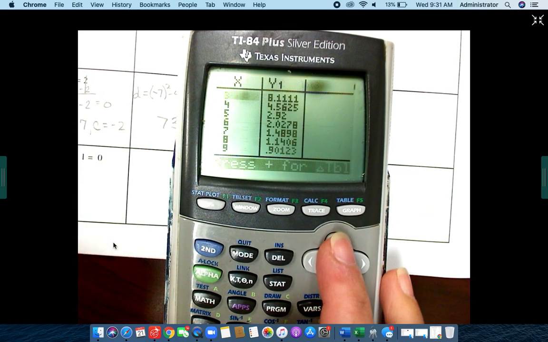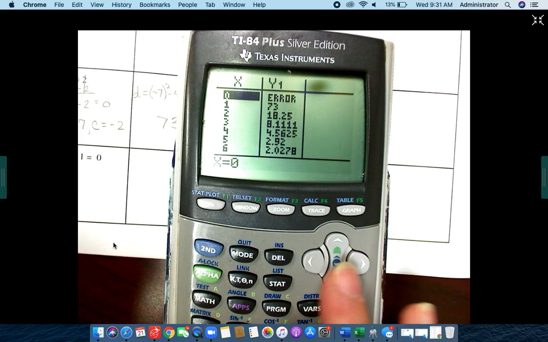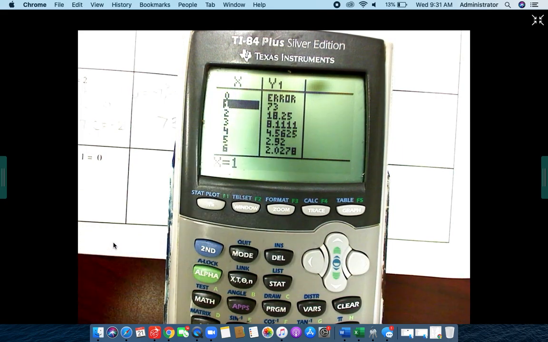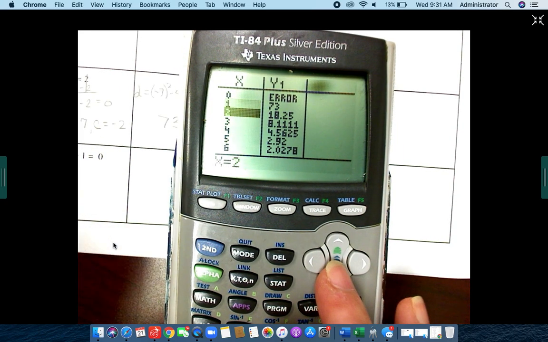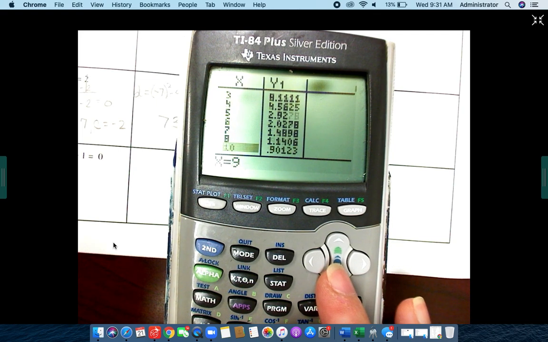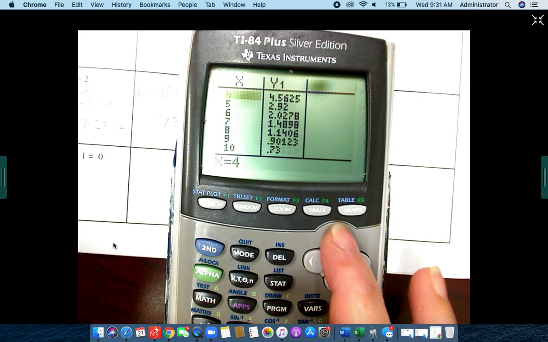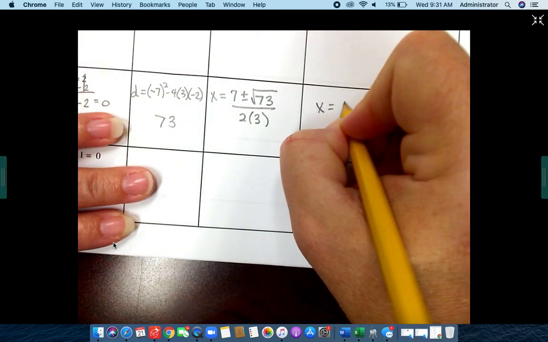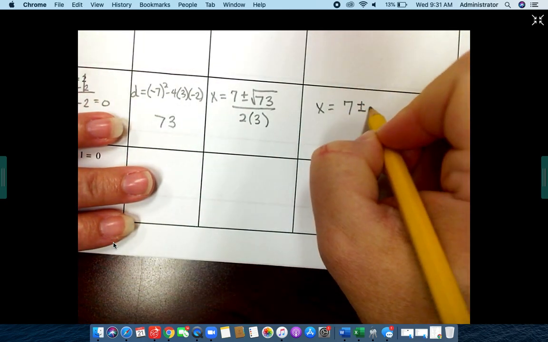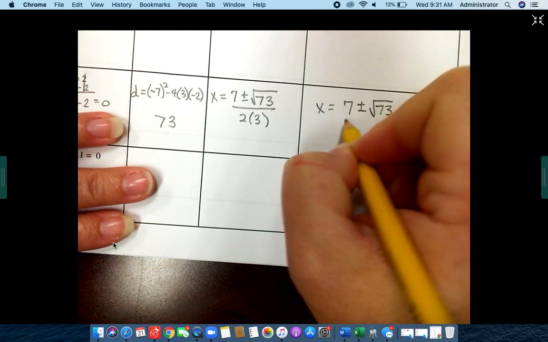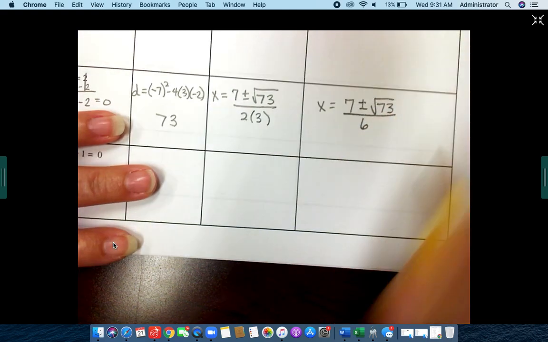I'm looking for a last integer ordered pair starting from 0. So I have 1 and 73. Oh, and that's it. If I get 1 and 73, it means it can't be simplified. So that means my final answer will just be 7 plus or minus the square root of 73 all over 6.